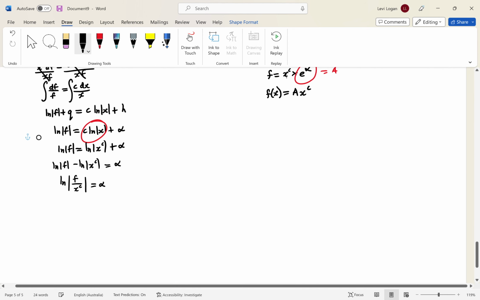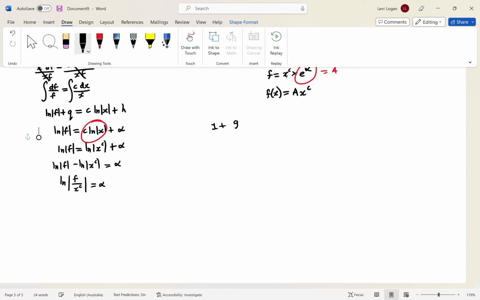Let's start solving it. So our second ODE is 1 plus g of y prime divided by y g of y is equal to a constant. So this is our second ODE, okay? All I'm going to do is get rid of this 1. I'm going to minus it on this side and minus it on this side.